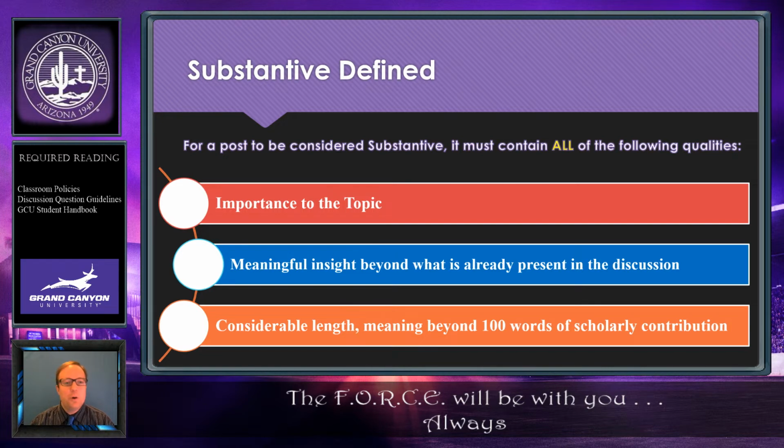And 100 words 3 times a week is certainly much less than being with me 4 hours for a lecture in a classroom and doing classroom activities and group work and just having discussion about the topics in counseling. So it's still a very low trade-off, and I expect that when you have a post and it's a very good post and it's so close, 70 words, 80 words, please just take it across the finish line and make it 100 words. And so that way it's important, it's meaningful, and it's considerable. And then I can mark it as a substantive participation post.